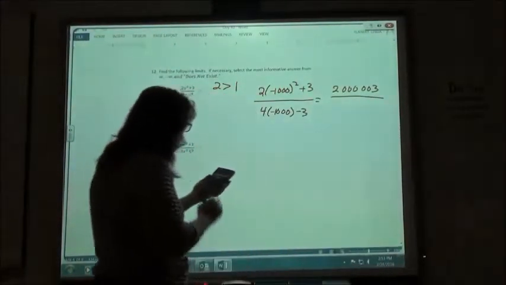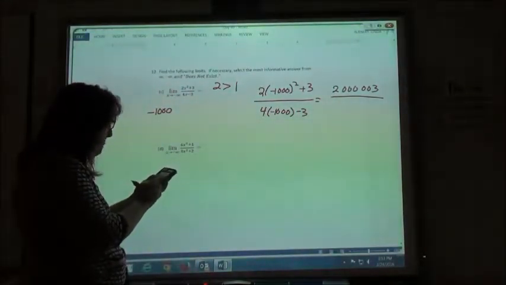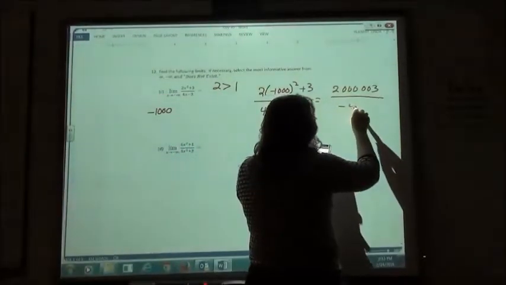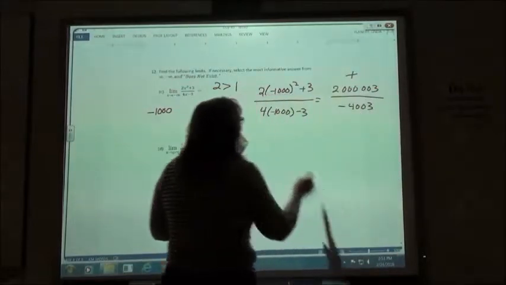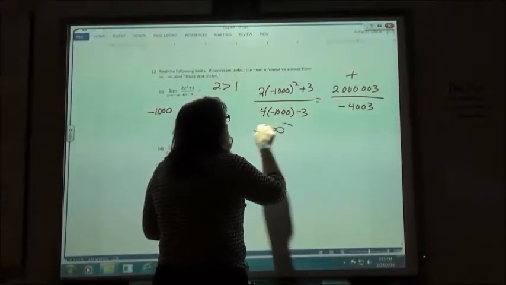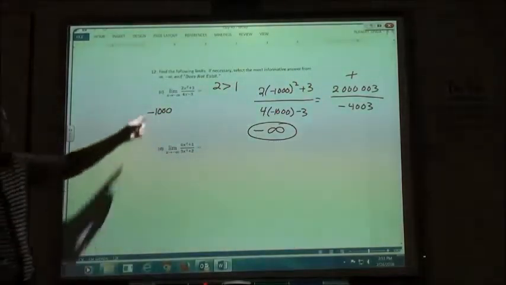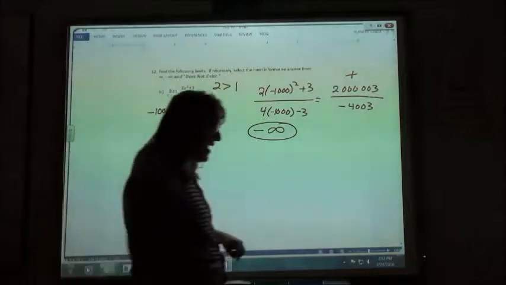It's a positive number. On the bottom, 4 times negative 1,000 minus 3. It's a negative number, negative 4,003. A positive divided by a negative is a negative, and so I know that it's going to approach negative infinity as x approaches negative infinity. My graph is also going to approach negative infinity.